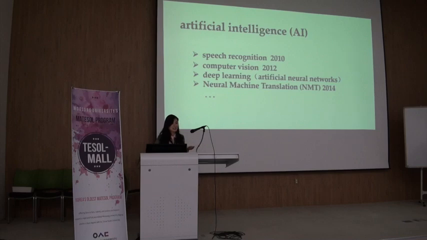But this is happening. What are we going to do? These are the research activities that artificial intelligence is engaged in: creating intelligent robots and machines with speech recognition, computer vision, deep learning, and neural machine translation.